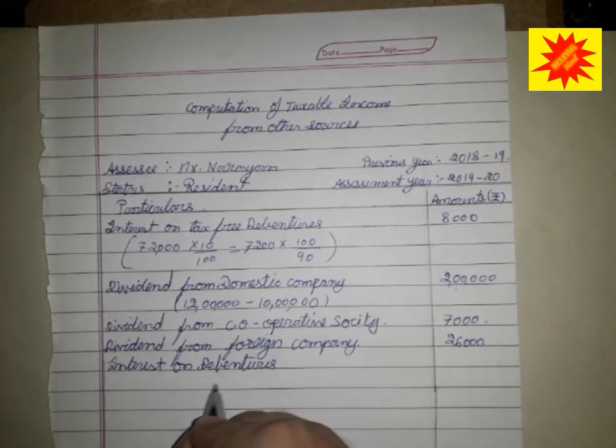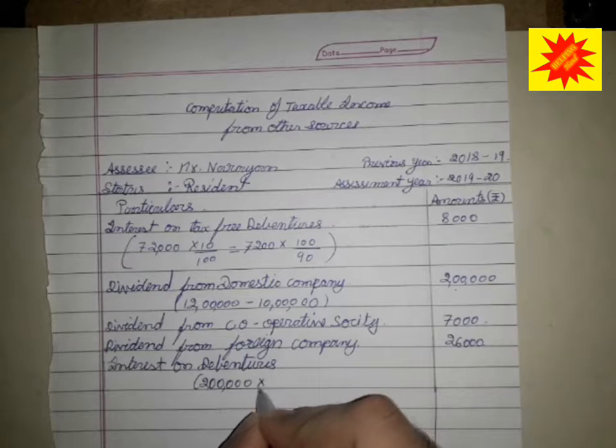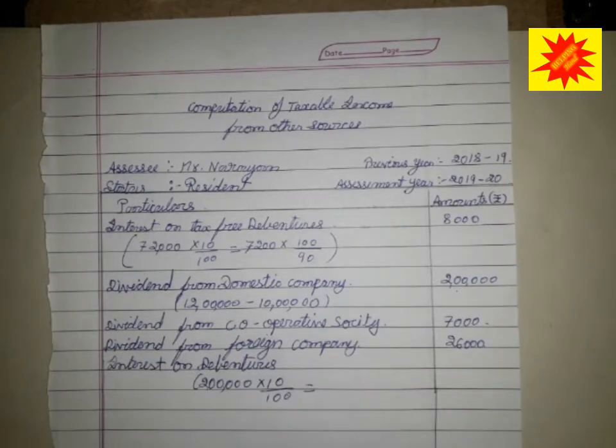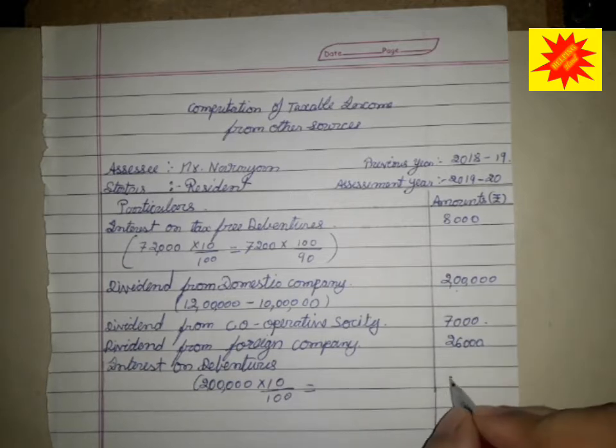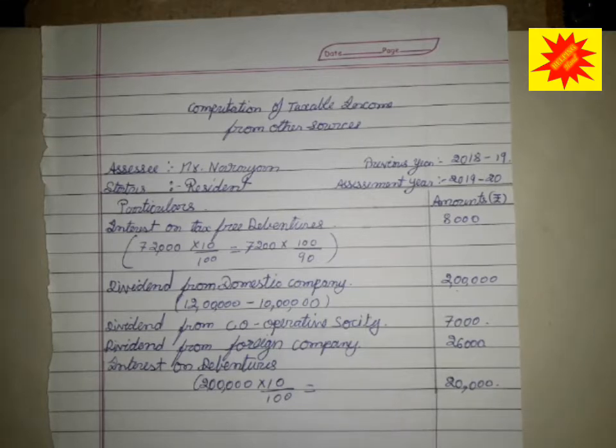What's the amount? 2 lakh into 10 divided by 100, which will give you 20,000. So that amount will come in your amounts column, right?